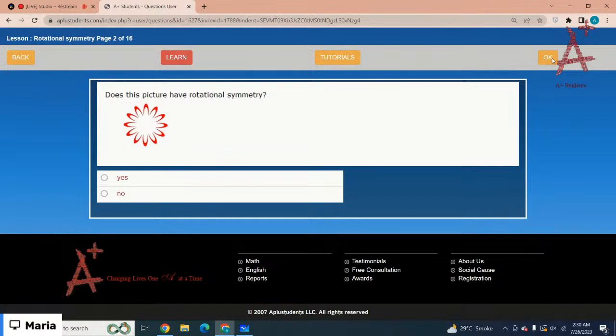Okay, the next one is, does this picture have rotational symmetry? Which is the correct option, yes or no? The correct option is yes, because if you rotate the picture by half, it will have rotational symmetry. So the correct option is yes.